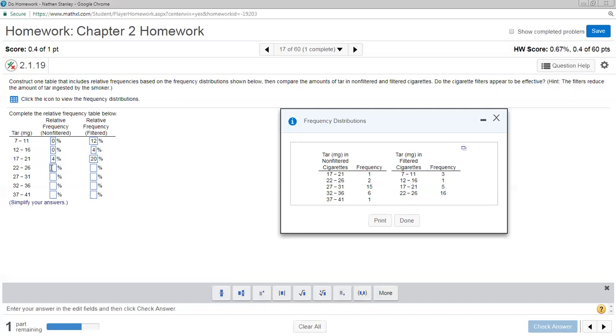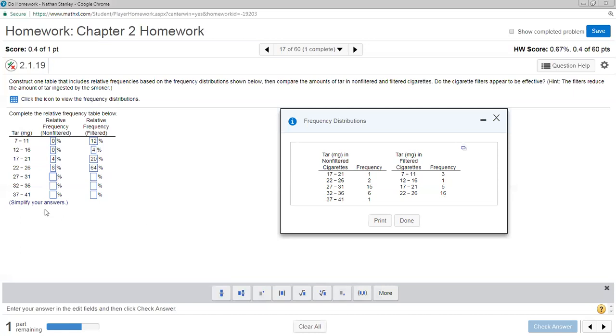Okay, next, we have the class 22 to 26. Its frequency is 2. So among non-filtered, its relative frequency would be 2 divided by 25 times 100, or 8%. And then among filtered cigarettes, the range from 22 to 26, its relative frequency would be 16 divided by 25 times 100, or 64%.